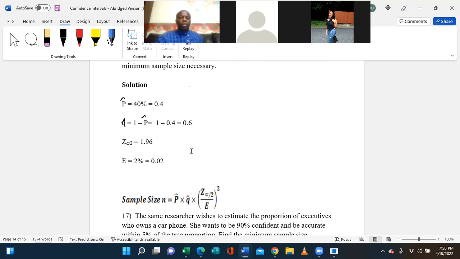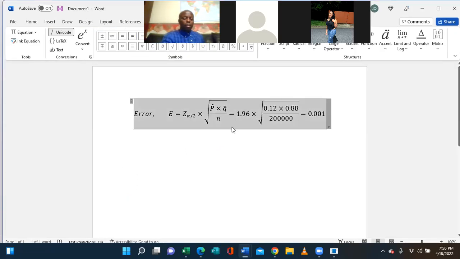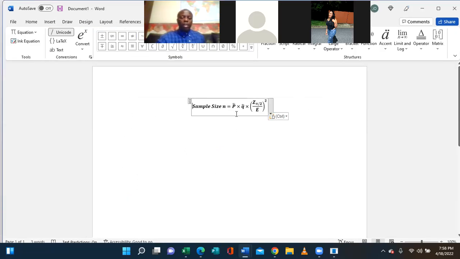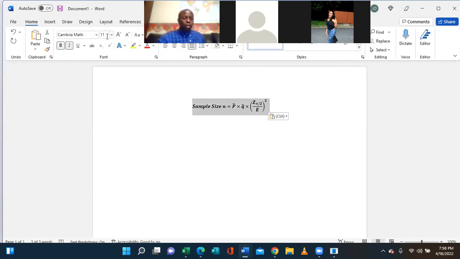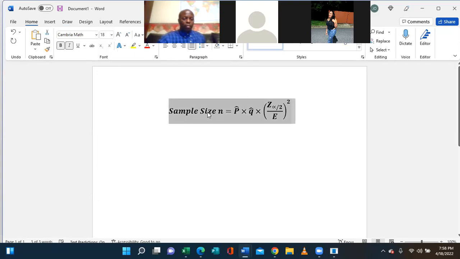So let's put this in our main workbook, and then we can estimate our minimum sample size. I'm going to go there and put it right there. Minimum sample size, I'm going to make this bigger, 16, maybe 18.